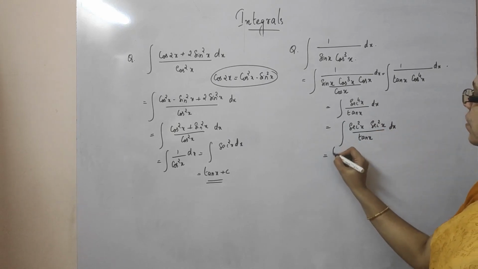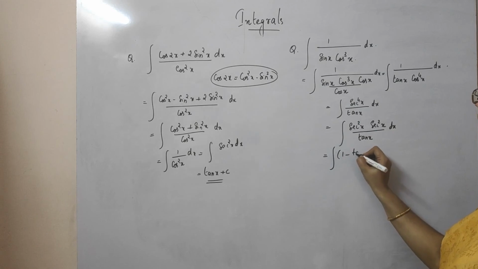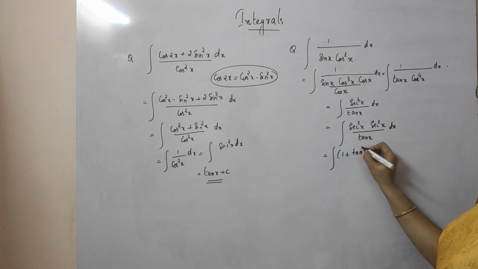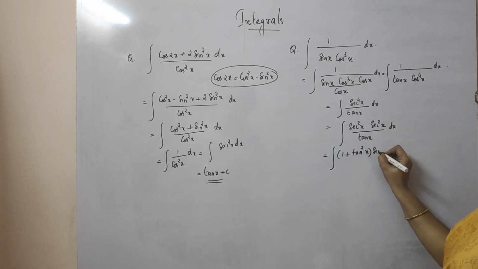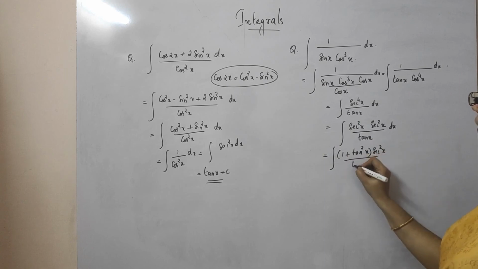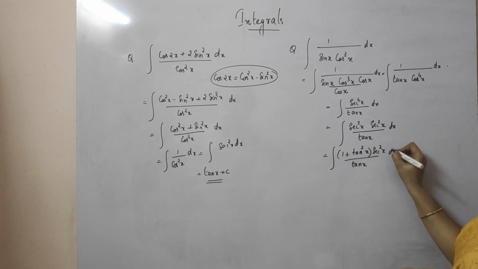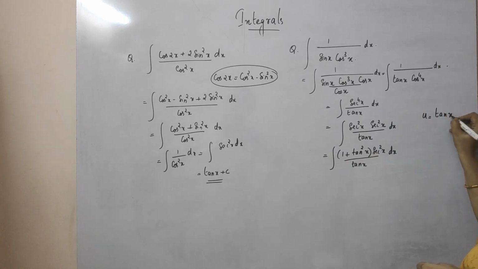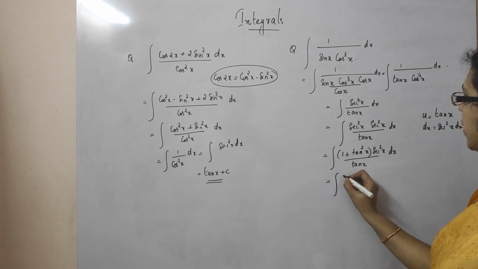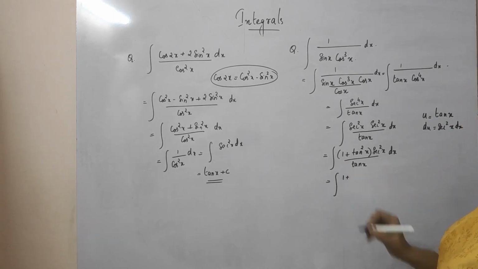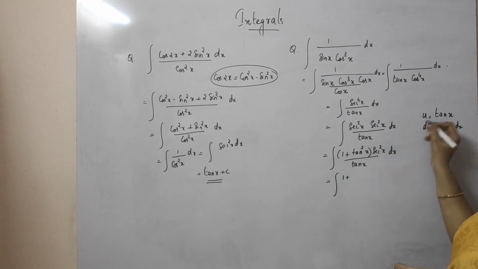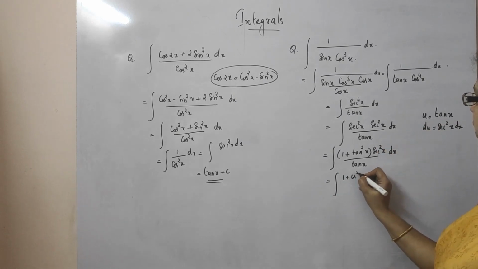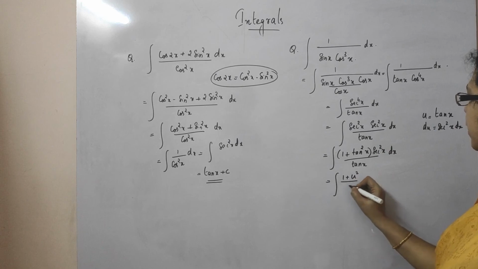Now one of the sec squared x, I'll write it as 1 plus tan square x into sec square x by tan x into dx. Now I substitute u is equal to tan x. What is du? It gives me sec square x dx. So this is equal to integral of 1 plus what? Tan x is u. So I can write u square by u.